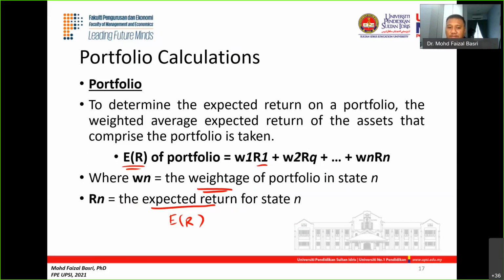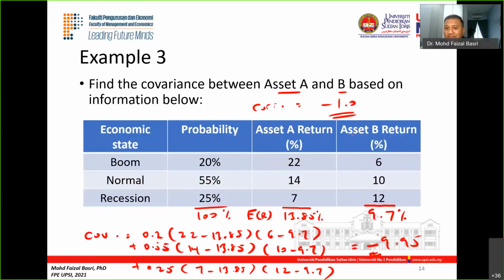I'm going to show you afterwards. Just imagine like this. We have two assets here, asset A and asset B. When I set weights, I want to know, if I have 100,000 ringgit, how I split this 100,000, 60% here, for example, and 40% here.